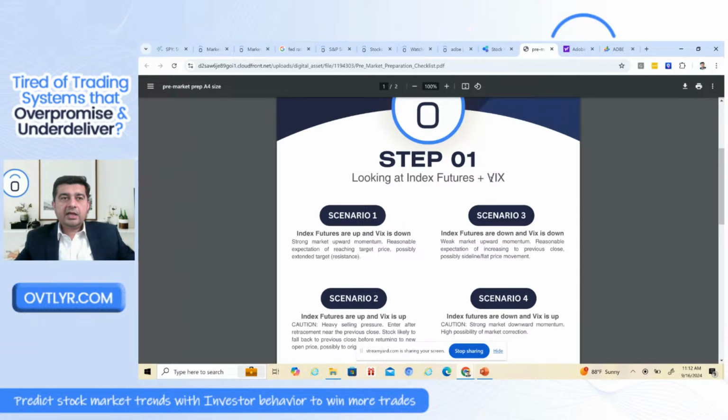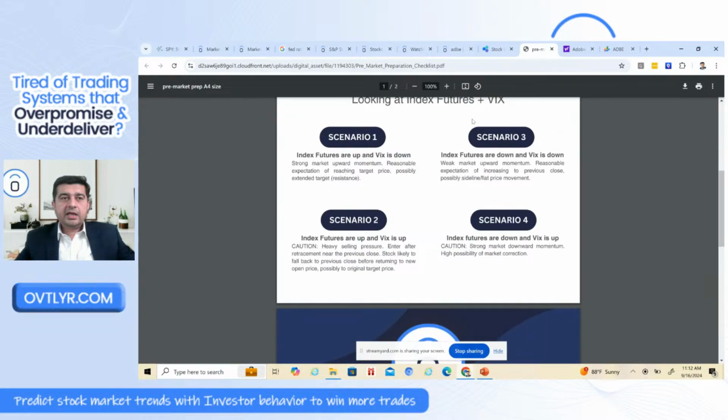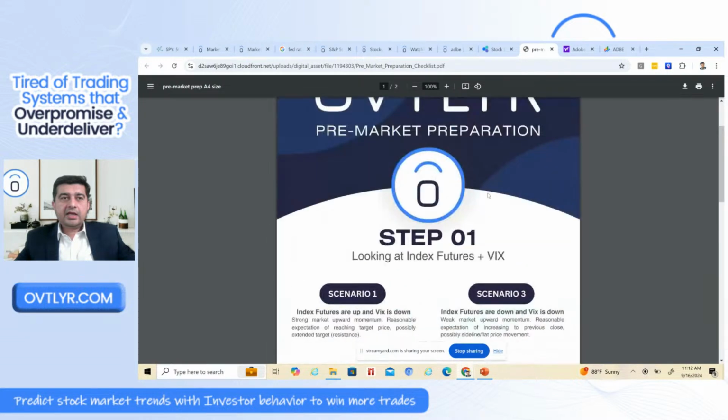So again, these are some of the things that I just test. I look at the market, and there's this checklist you can see in our Discord group. And once you get into a position, you have to watch your positions every day, don't forget about them, to make sure that everything is aligned. We talked about that. You're looking at heat map value, the oscillator, the market breadth, things like that.